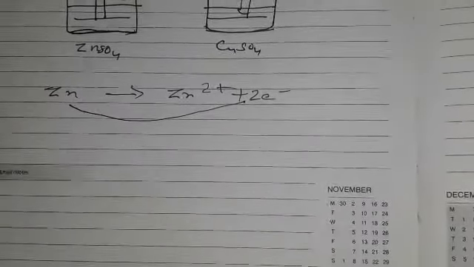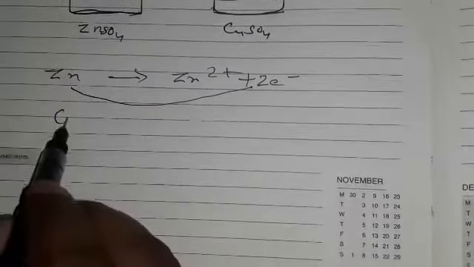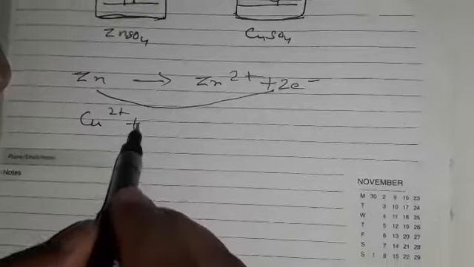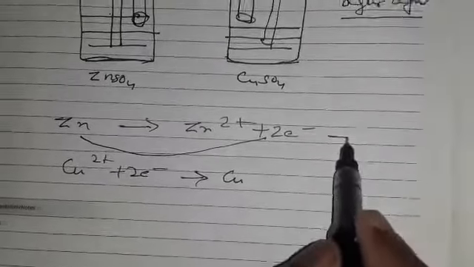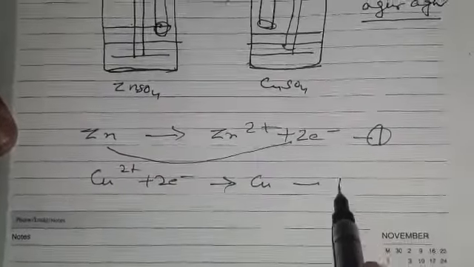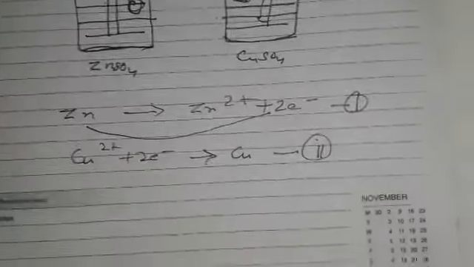So zinc will lose two electrons, which means the oxidation process is happening. Copper will gain two electrons, this will be reduction. So we are getting two separate equations for the oxidation and reduction.